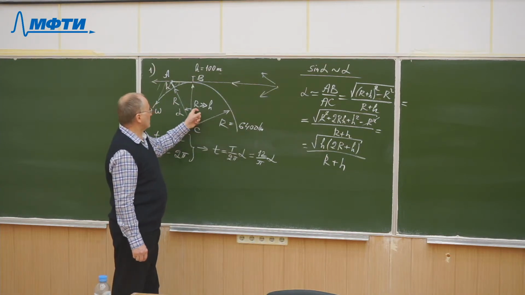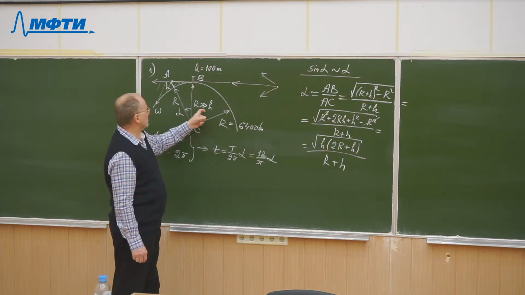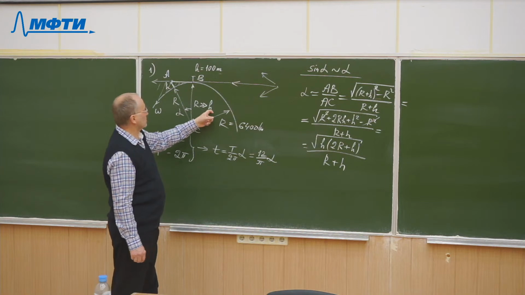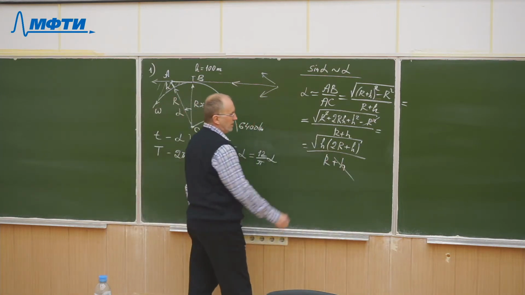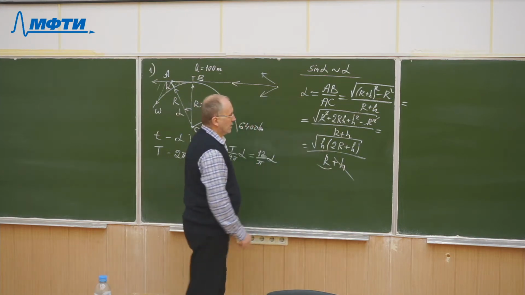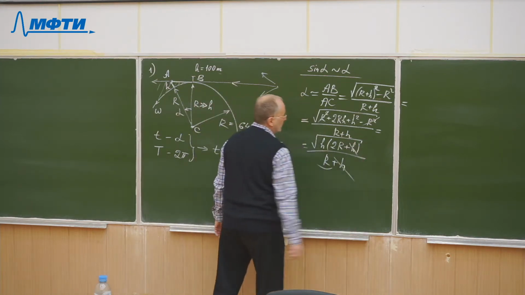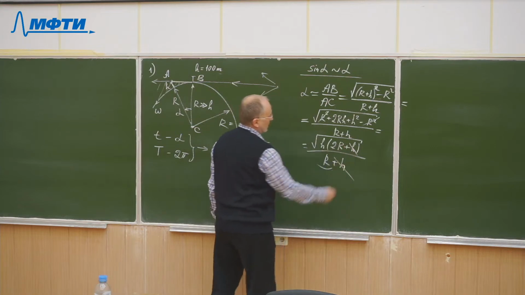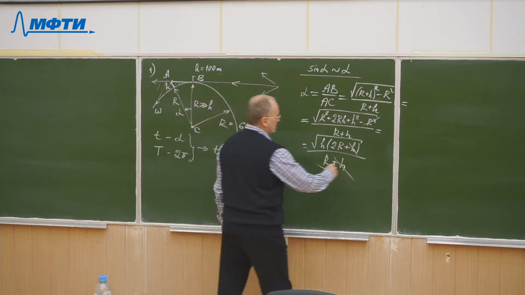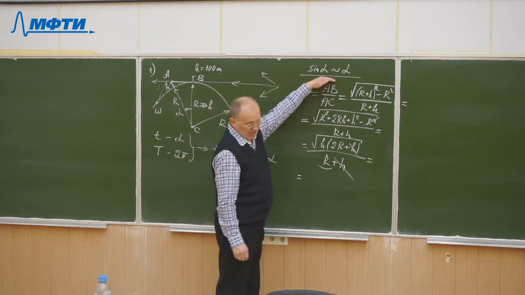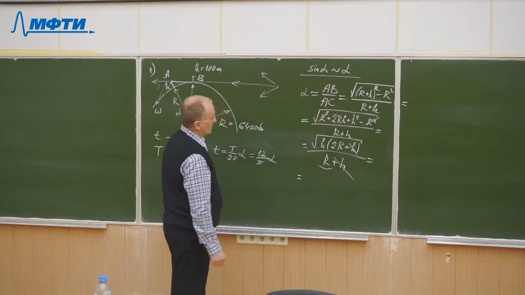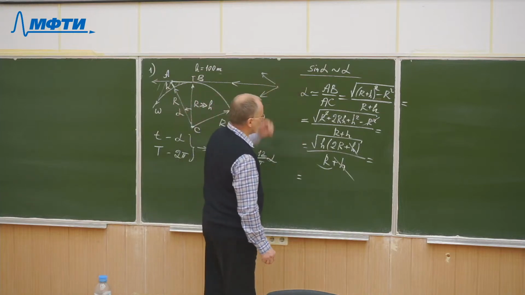So the Earth's radius is thousands and thousands of times larger than the height of the rock. So we may neglect the height of the rock here as compared to the Earth's radius. And also we may neglect it here. It's a very small additive. It can be neglected without any problem, especially because you are given this hint for approximation.